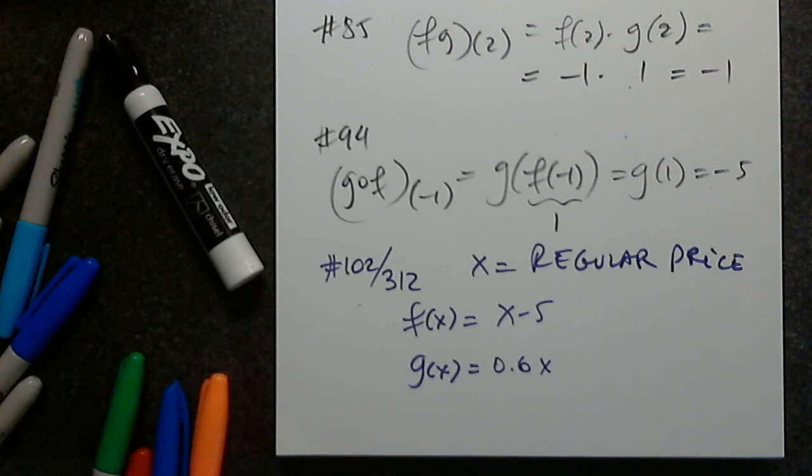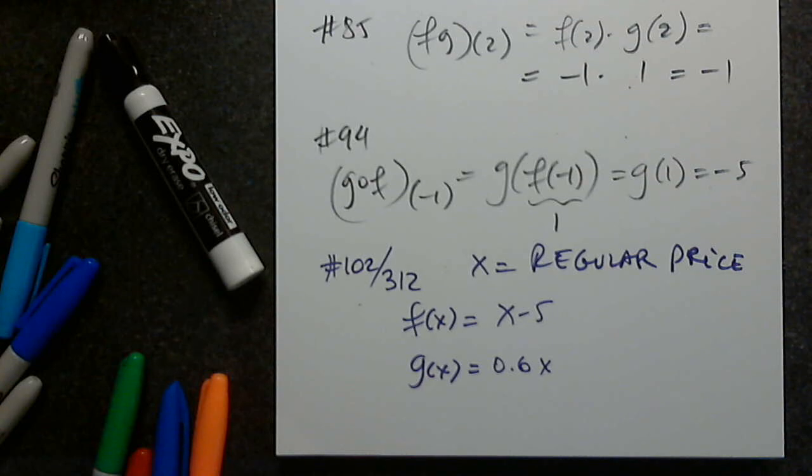So x is a regular price. So imagine that it's $20. How much will you end up paying? $15 for the first one and then $12 for the second.